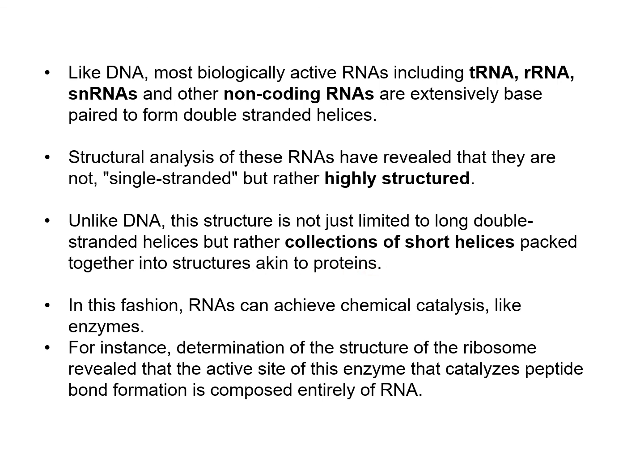And in this fashion, RNA can achieve chemical catalysis too, working similarly to proteins in terms of functionality, like enzymes. For instance, the determination of the structure of the ribosome revealed that the active site of this enzyme that catalyzes peptide bond formation is composed entirely of RNA, meaning that this enzyme is actually dependent on RNA and RNA's function for forming this peptide bond.